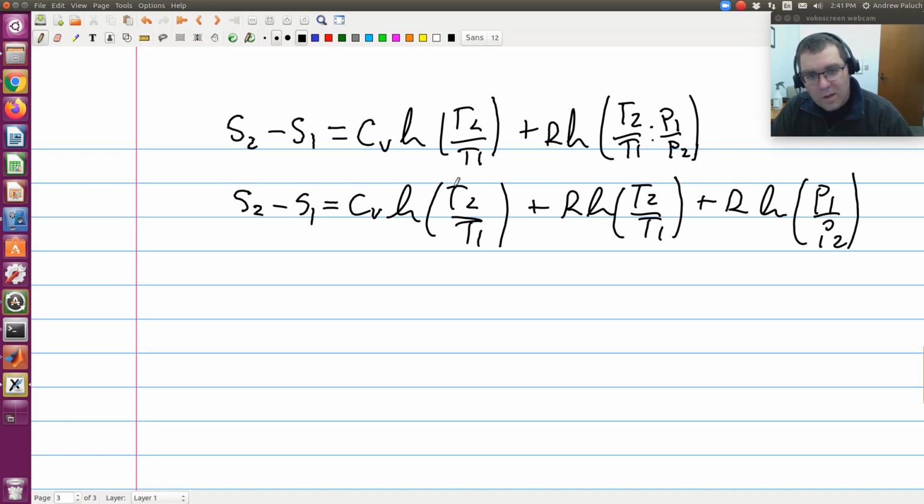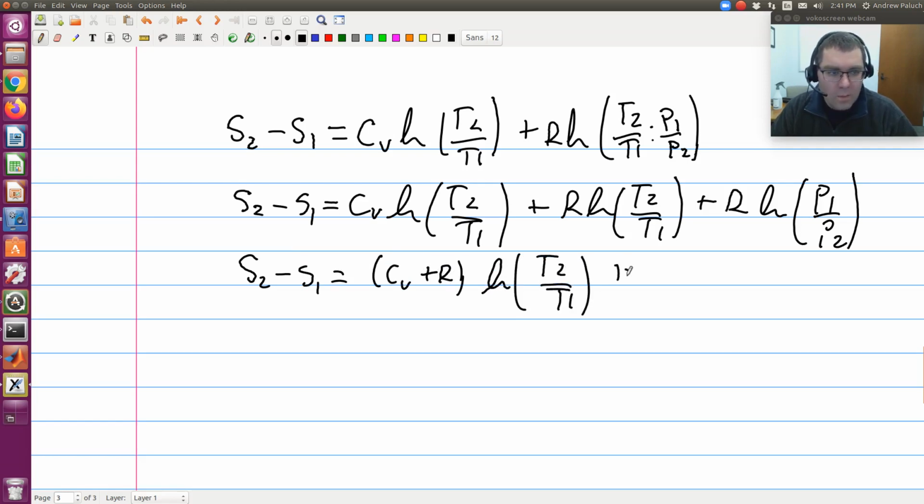So next I can collect terms, with the common term of log T2 over T1. So CV plus R log T2 over T1 plus R log P1 over P2, where CV plus R is just CP.